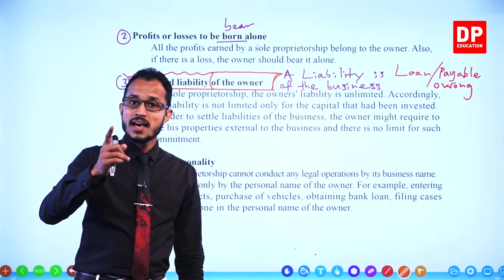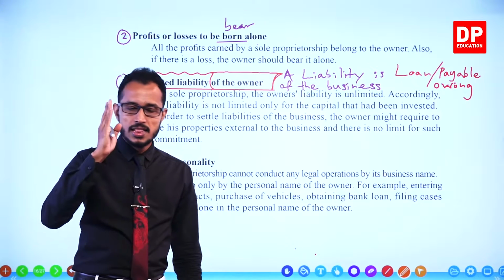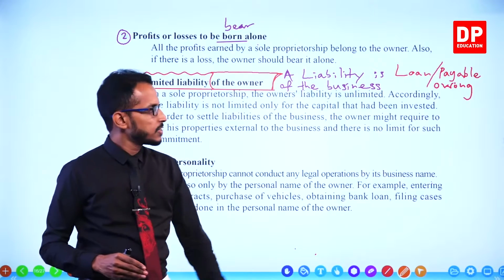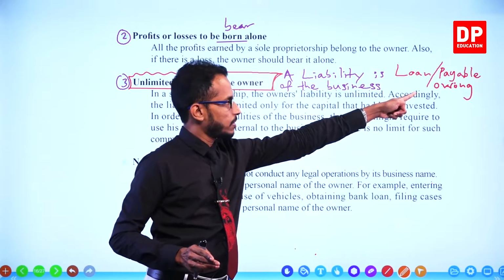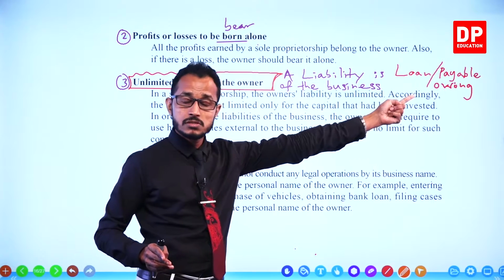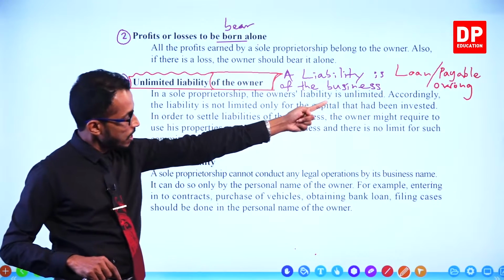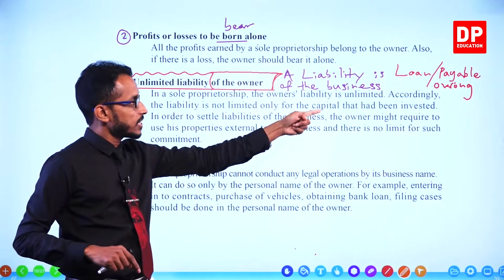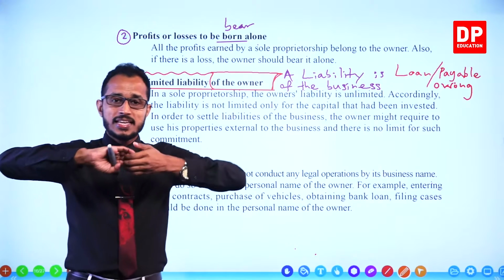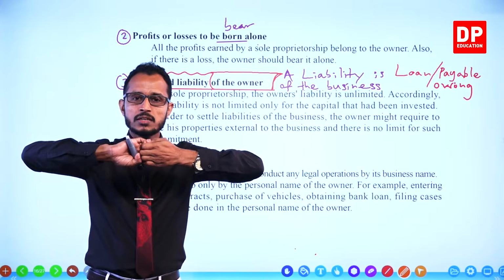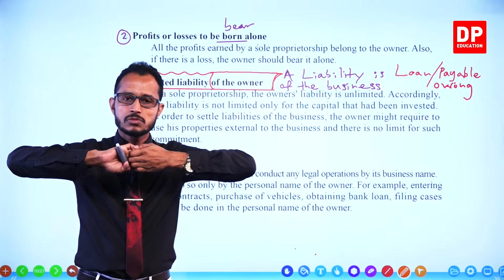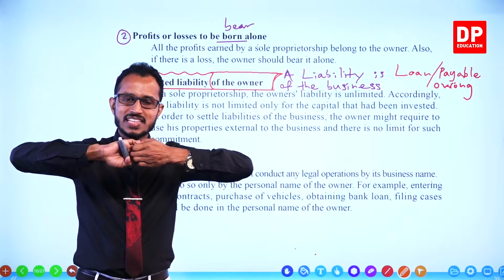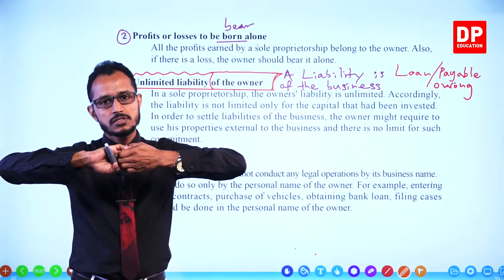That is called unlimited liability. Liabilities means loans or payables, owings, Naya. And the owner is unlimitedly bound by the business loans, bound with the liabilities of the business.